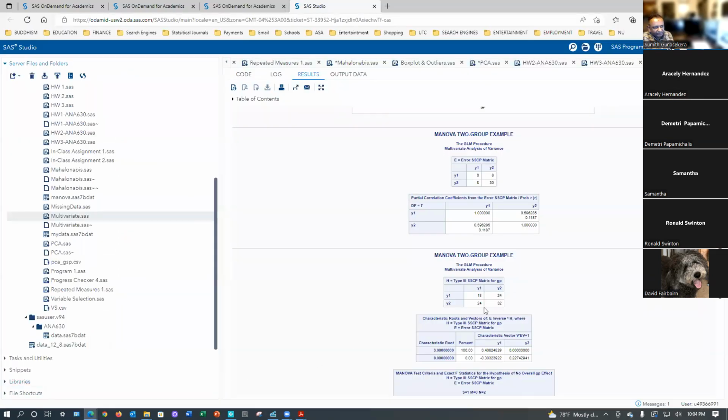This is what they call the Type 3 sum of squares and cross product matrix for group. That's the between one, between groups, group 1 to group 2. You can see that one already over here.